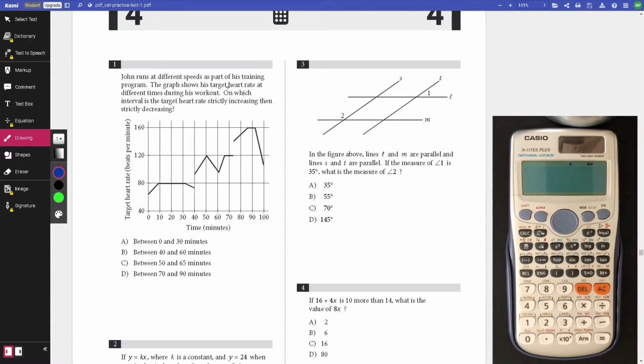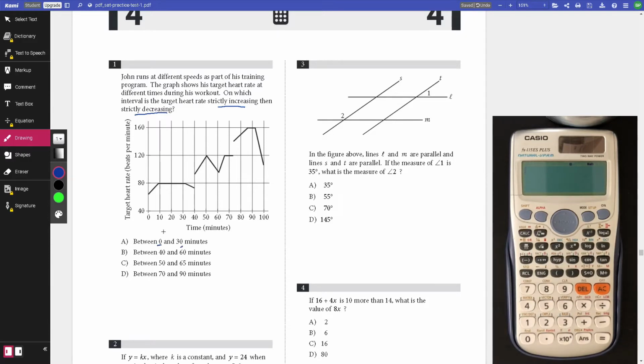Number 1 says John runs at different speeds as part of his training. The graph shows his target heart rate at different times during his workout. On which interval is the heart rate strictly increasing then strictly decreasing? So we want those events in that exact order with nothing in between these two increasing and decreasing intervals. I will eliminate answers as I go.